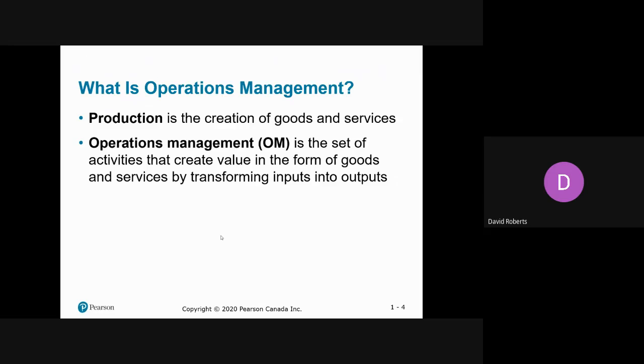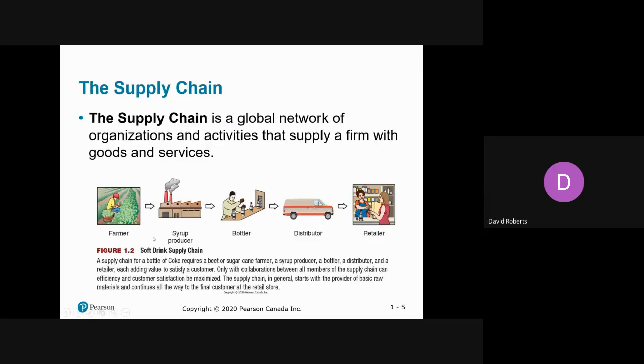So it has to do with all of the aspects, all of the input factors. So in this case, they're looking at making some Coke. So they're dealing with the beet or sugarcane farmer, as you can see, who's growing the beets or sugarcane.